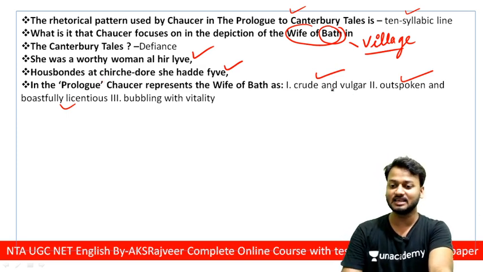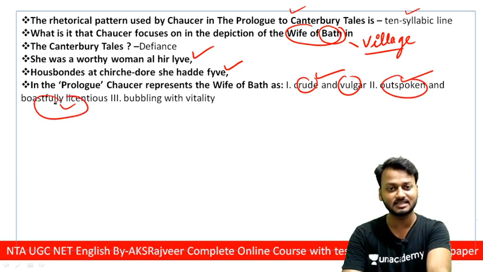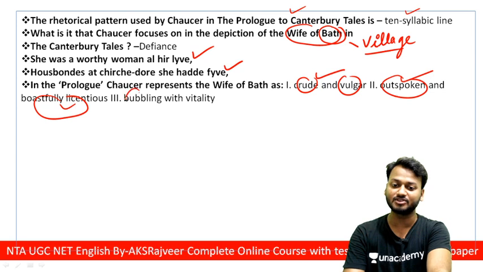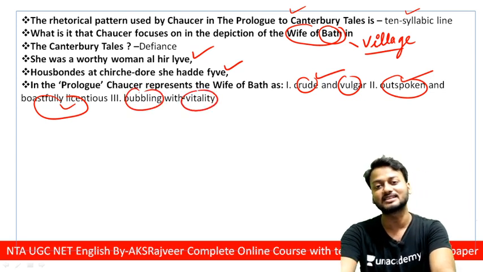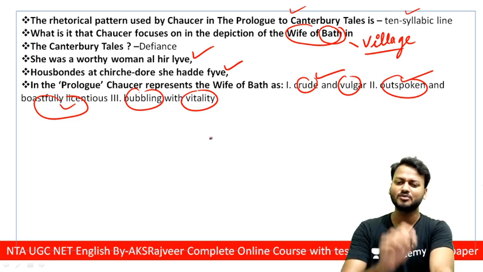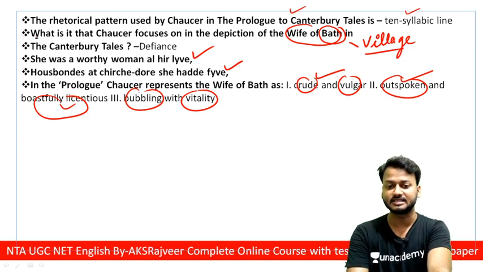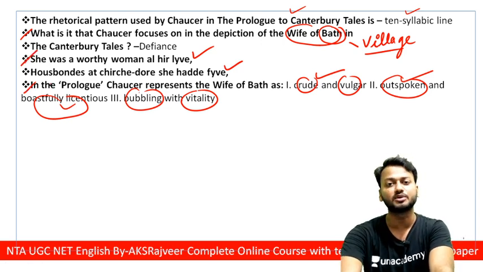So these are the three things that can be seen in the characteristics of the Wife of Bath. There were three questions directly on this in your UGC NET exam. This one is the Wife of Bath, and another one, and then see the third one. So three times in your UGC NET exam.